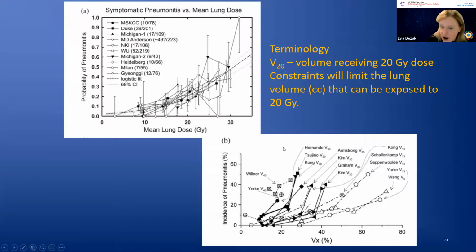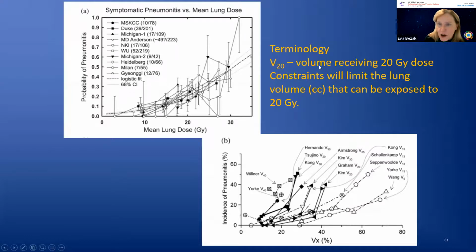The second graph is more related to how we prescribe. You know that we prescribe the dose to the tumor, but the clinicians will also prescribe dose constraints. We have an interesting unit here. This is called, for example, V20.